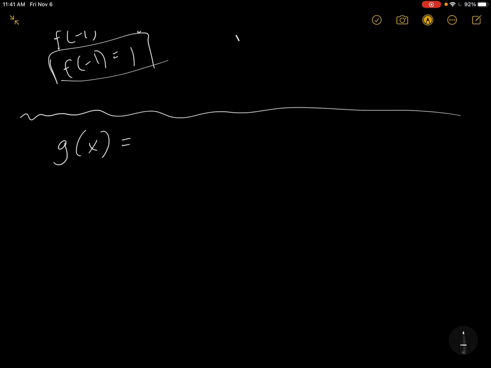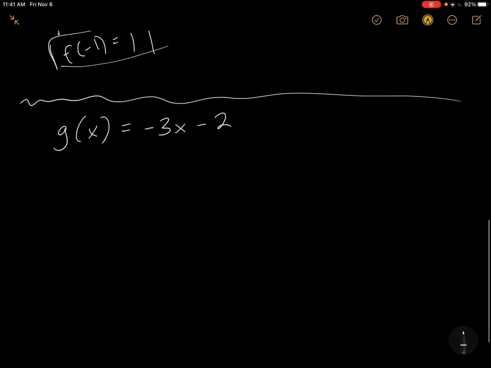Maybe you can just make it up. Let's say g of x is -3x minus 2. Okay, so let's just say that's our function. So now they want me to solve for maybe g of -1. That just means I'm going to plug -1 into x, right? Sometimes they even use different variables.